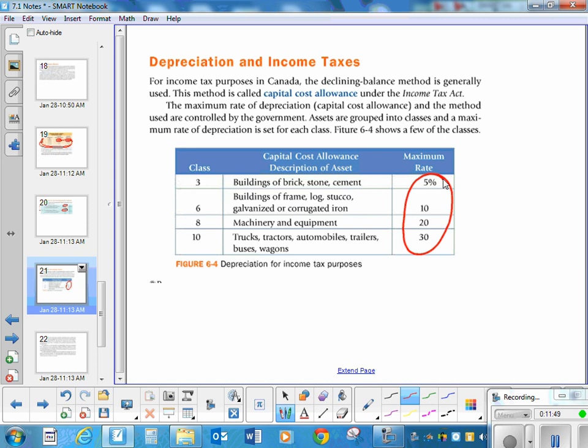If you have buildings with stucco or iron, the maximum you can depreciate that is 10% each year. Machinery and equipment is 20%, and trucks and tractors and automobiles and trailers are 30%. So do you see how the trucks are actually depreciating faster than a building? Because a building is firm, and it's going to be able to last longer than what you think it's going to be.